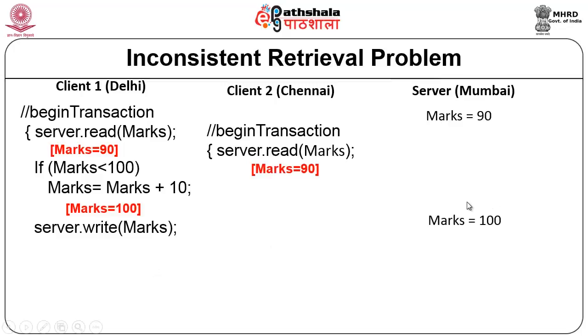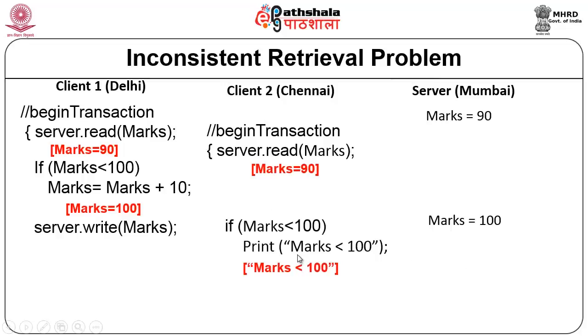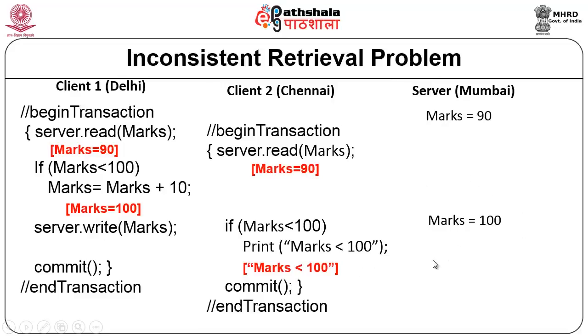So, the server at this point in time will be 100, but this other client continues to check whether marks is less than 100 or not, and it finds that marks is less than 100 indeed, and it prints that marks is less than 100 at a point in time where actually the marks is 100 in the server. So, therefore, it is incorrect.